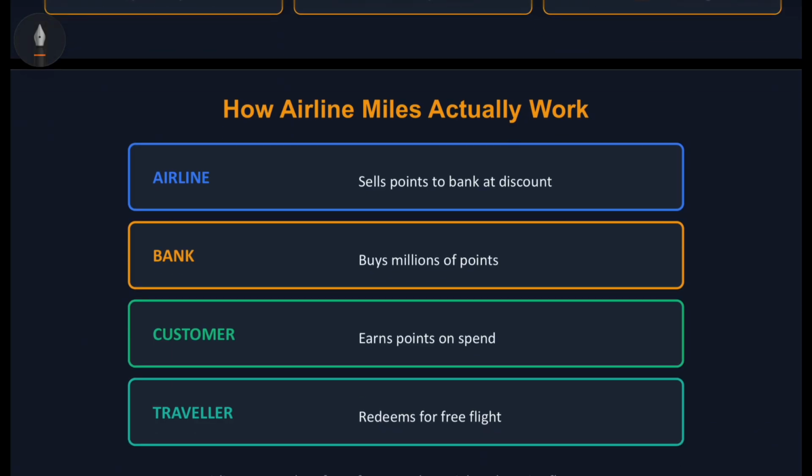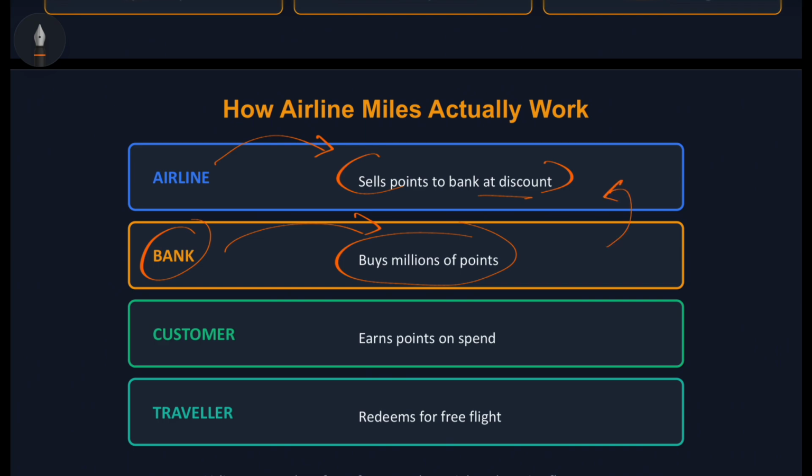So let's focus on airlines for a moment, right? Because this is very, very interesting. When we're talking about the airline company, how it actually gives out miles is that airlines basically sell points to banks at a discount, right? The bank is buying millions of these points.